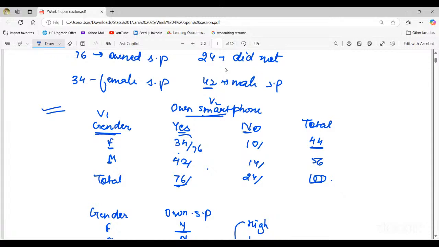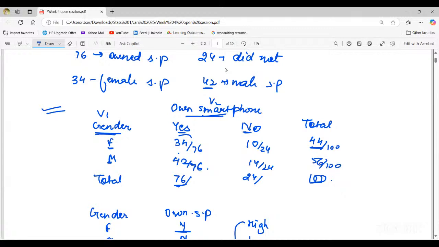Similarly, what proportion of smartphone owners are male? It would be 42 by 76. This way I can calculate for each cell. Here it would be 10 divided by 24, 14 divided by 24, 44 divided by 100, and 56 divided by 100.